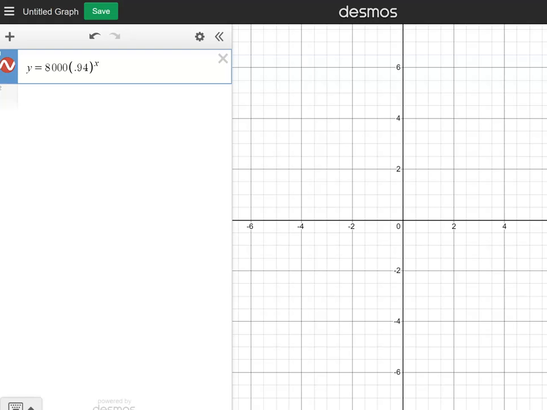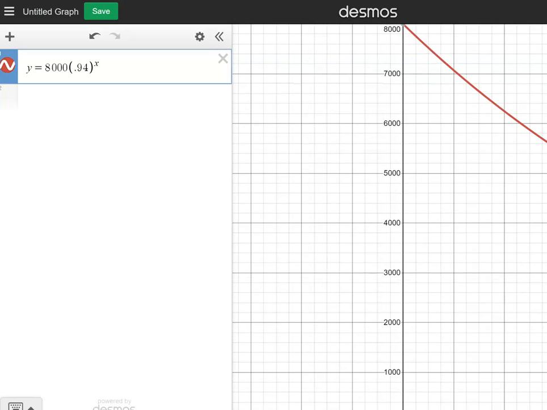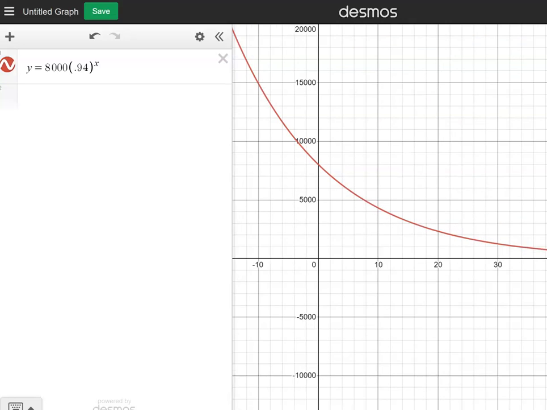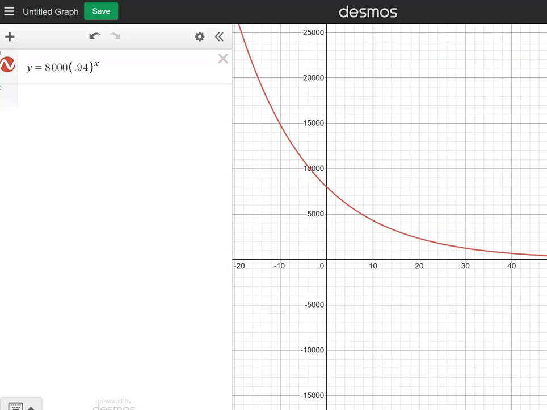And we can change our values here. Let's say 8,000, say -10. So this is the graph of that exponential.